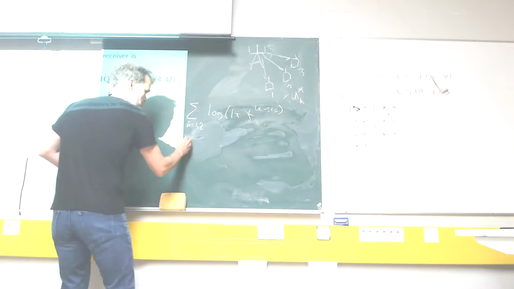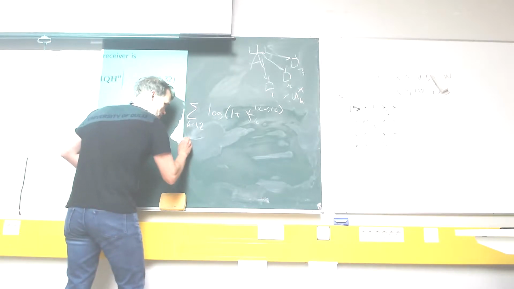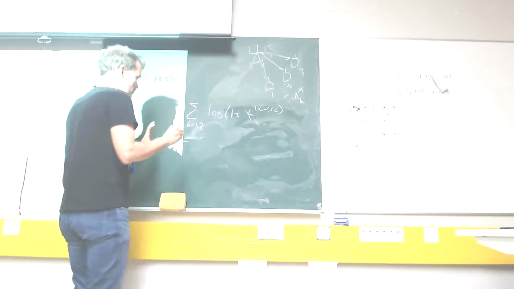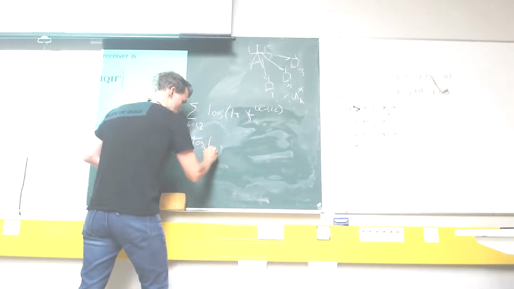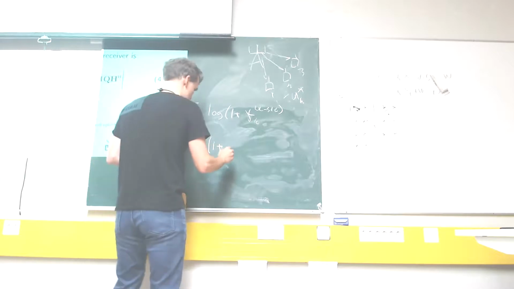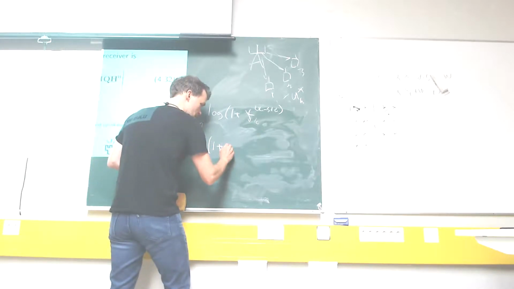Which is equivalent to, user 1 is decoded first, so we have log 2 of 1 plus, what would be the user 1 SINR?